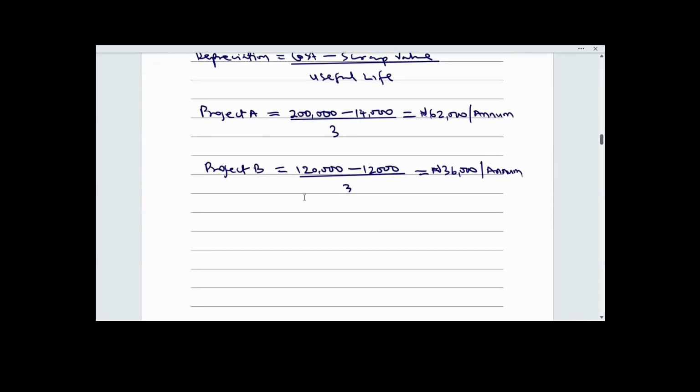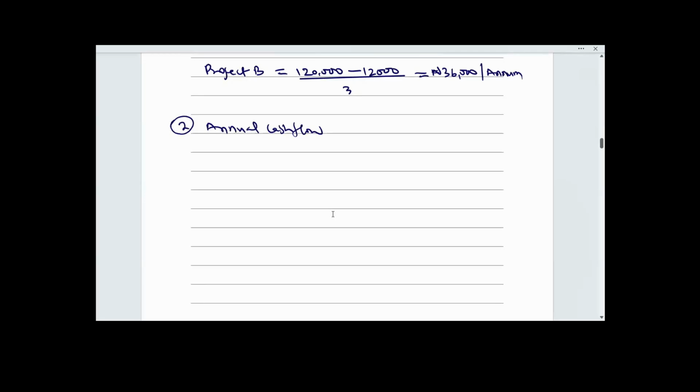Then working number two, annual cash flow. To get the annual cash flow, we have said that cash flow is equal to profits or loss plus depreciation.